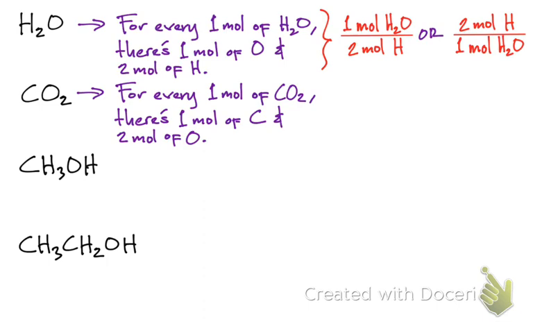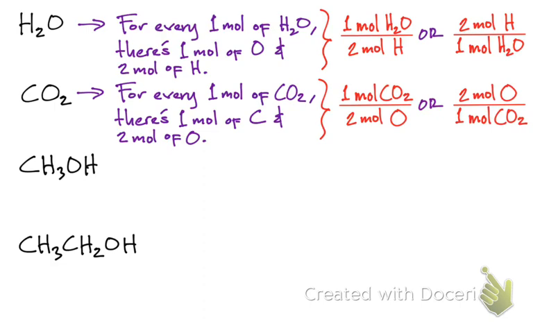So we can simplify this into a mole ratio, which is 1 mole of carbon dioxide per 2 moles of oxygen. Unless you're looking for the mole ratio between carbon and the compound, in which case it would be 1 mole of carbon dioxide for every 1 mole of carbon. Again, you can turn this into a reciprocal, or the inverse, and you have 2 moles of oxygen per 1 mole of the compound.